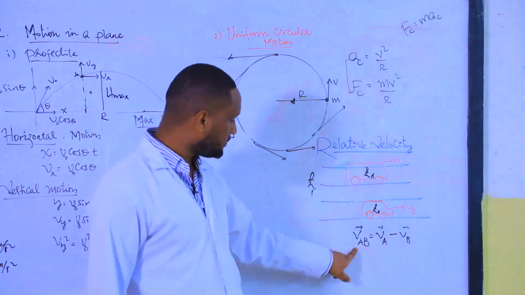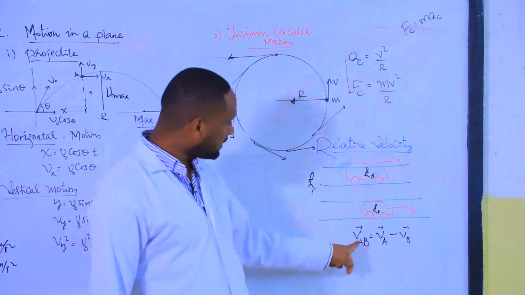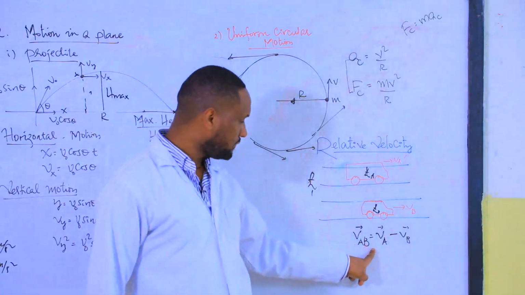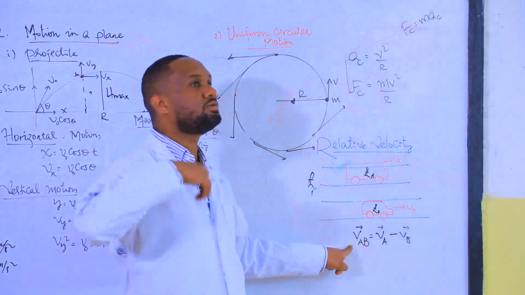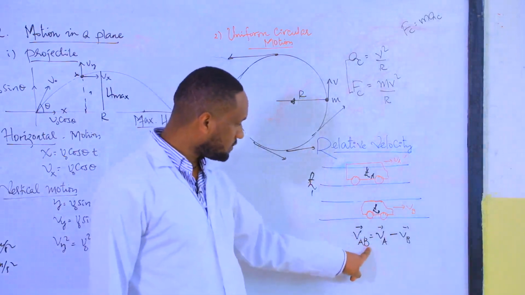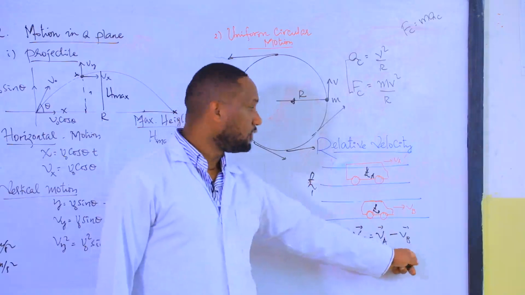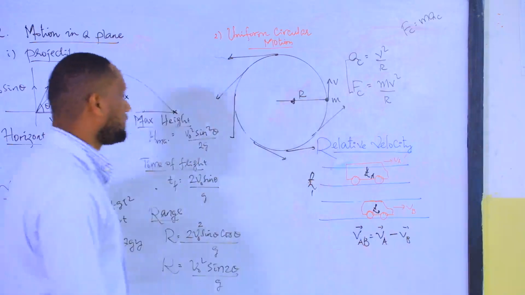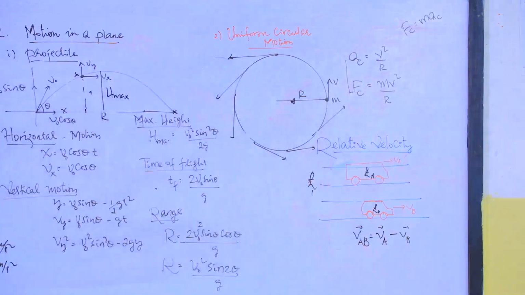This is read as the relative velocity of A with respect to B, or the velocity of A as observed by B. So the relative velocity of A with respect to B is equal to VA minus VB. You can use this to determine relative velocities.